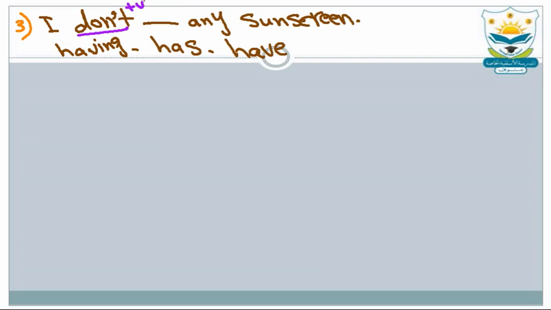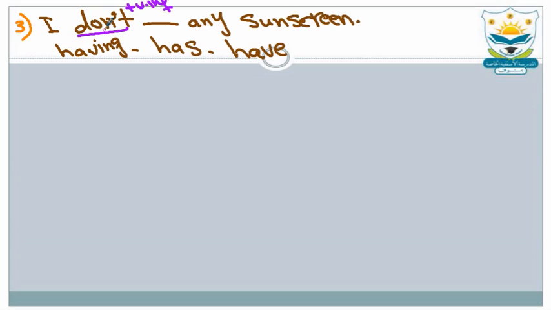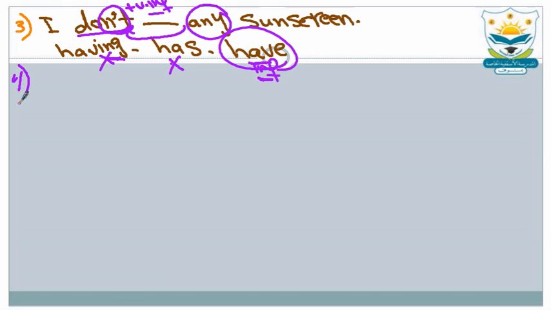We should put verb in infinitive. بعد don't لازم احط verb in infinitive. يعني ايه verb in infinitive without any adds بدون اي اضافات؟ طب having تنفع؟ طبعا it's wrong because there is ing. طيب I don't has طبعا has برضو it's wrong because it isn't in infinitive عشان هي مش في المصدر. طيب I don't have برافو عشان have هي اللي عندي في الانفينيتيف. يبقى we use have because after don't we should put the verb in infinitive and have is in infinitive. طب why should we use any here؟ ليه استخدمنا هنا any؟ Because it's a negative sentence عشان دي جملة منفية فيها ان apostrophe T.